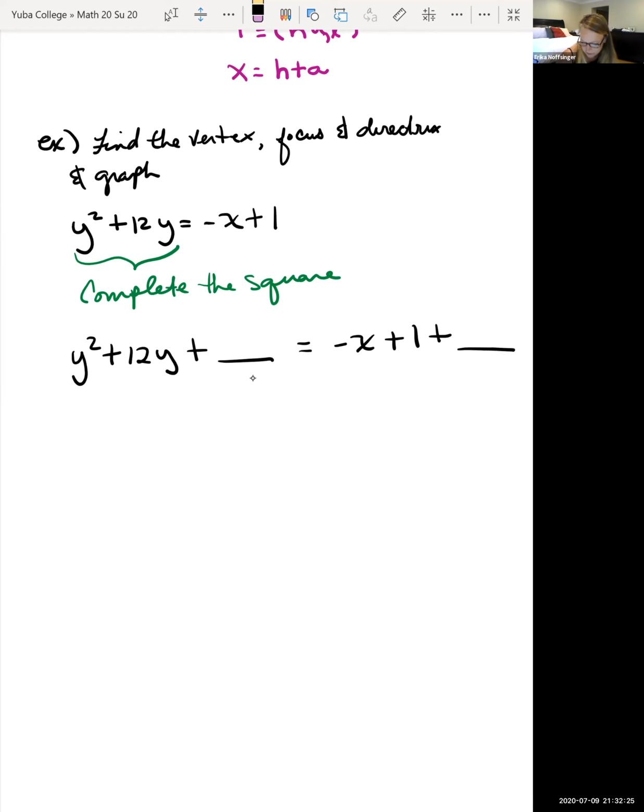Since I'm going to add something to one side of the equation, I'm going to have to add it to the other side. It would be the same number you add by itself to get 12, which is 6. The product of that number, 6 times 6, so 36 is the number that we were adding.